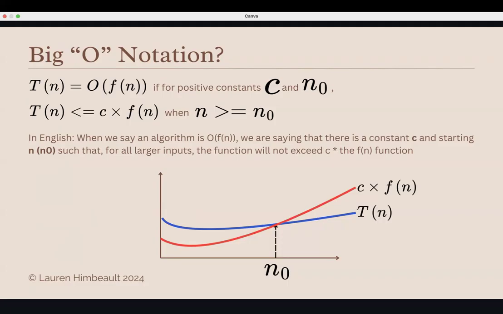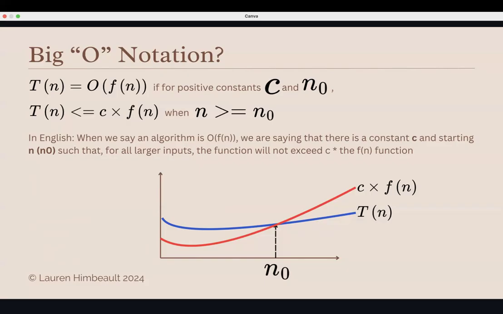And you can see where I'm showing that n naught. The point here being that after that n naught, we can mathematically prove that that red line will always be above that blue line. Before n naught, we can't guarantee that. That's not what we're saying about our algorithm. So we're going to set an n naught value, and we can say everything that is greater than that number of n.